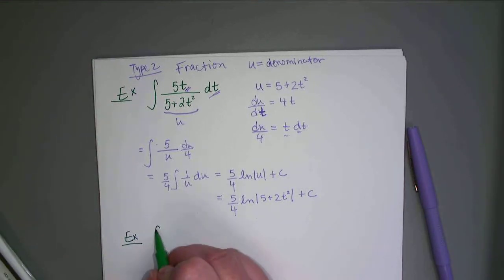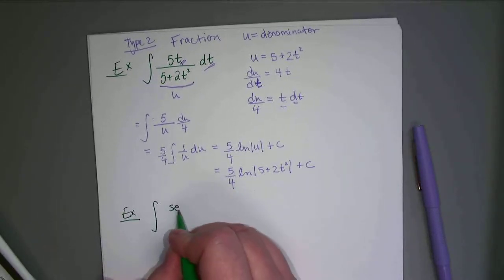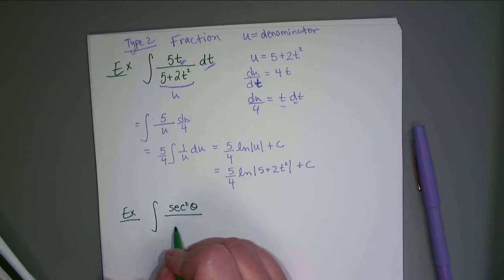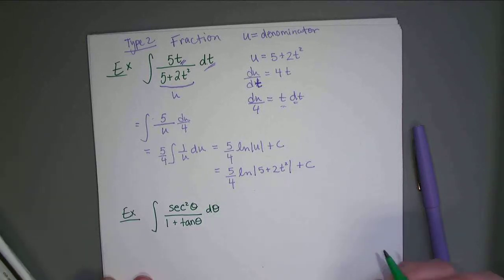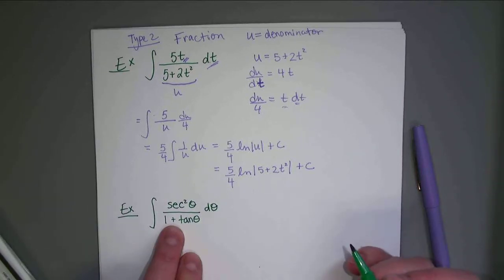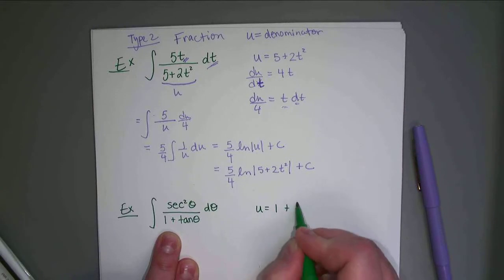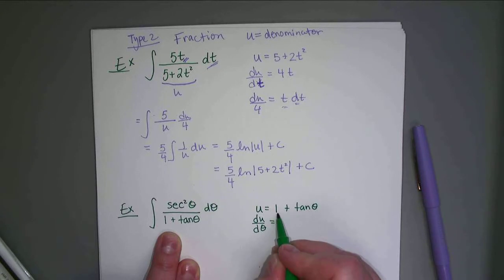So we could have trig. And again, it's a fraction, so we're going to call the whole bottom u, 1 plus tan theta. The derivative, du by d theta, is 1 is 0, tan is secant squared.